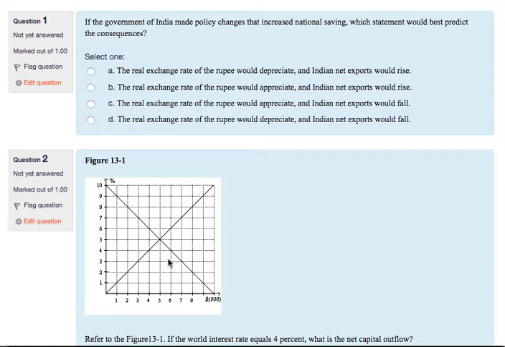If the equilibrium interest rate in that country is lower, less money will want to flow to that country and money will want to flow out. As that happens, the exchange rate of the rupee would depreciate. And we know that following a depreciation of a currency, their net exports would rise.